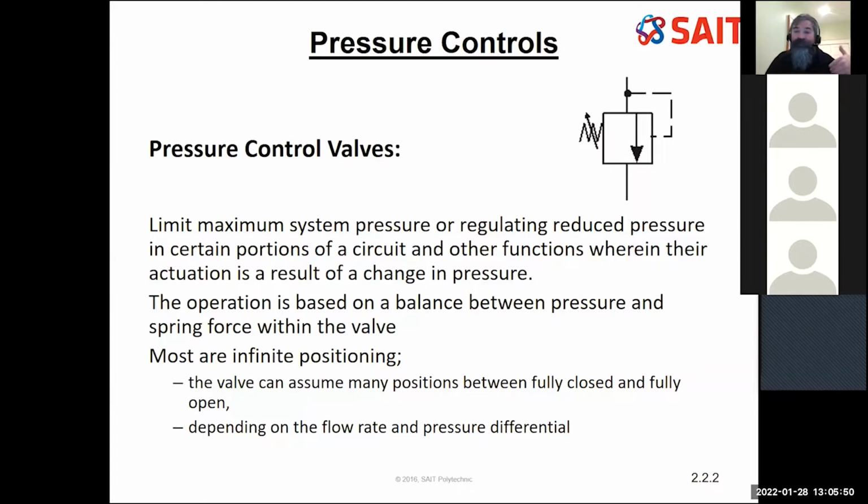So they are infinite, but we're not going to draw them as infinite, and we generally don't analyze them as infinite because we generally analyze our circuits in static conditions, not in a dynamic condition. So this valve can assume any position between fully open and closed, but we're going to analyze usually one or the other, and that is dependent on the flow rate and any pressure differential within our system.